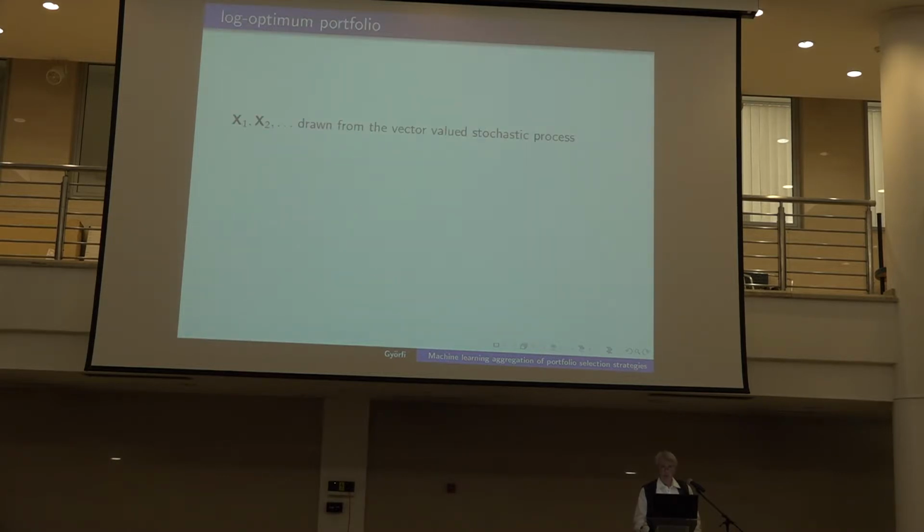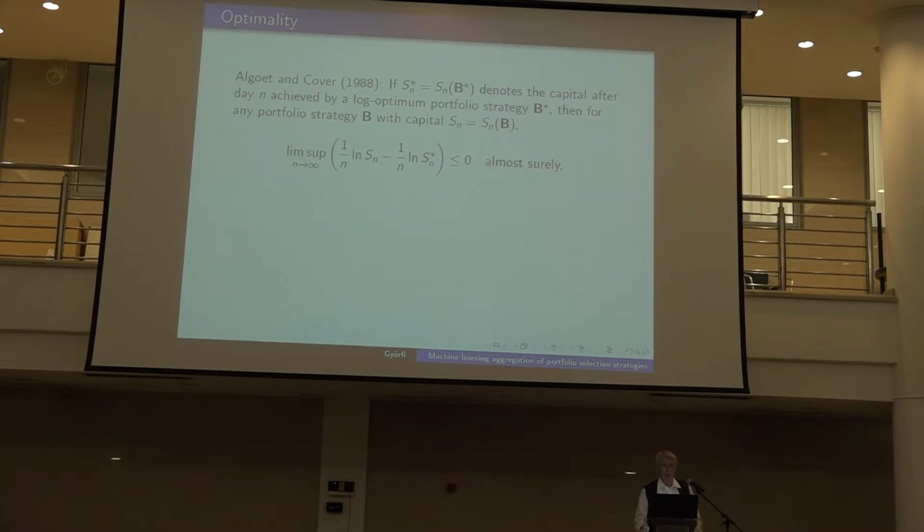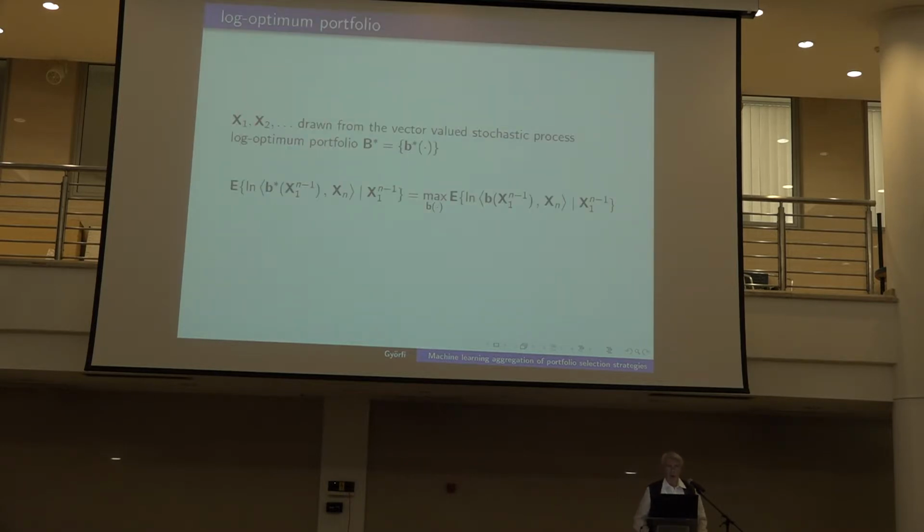So in the general setup, we assume that the sequence of return vectors is an arbitrary vector valued stochastic process. And in this case, the log optimality is a generalization of the previous log optimum business, such that we choose an arbitrary function B of n-1 vector variable, evaluate the conditional expectation of this log return given the past data, and search for this function which maximizes this conditional expectation.